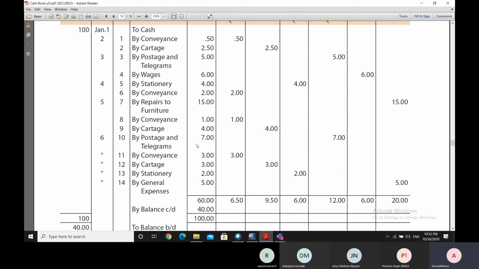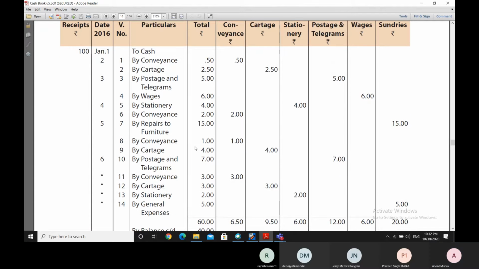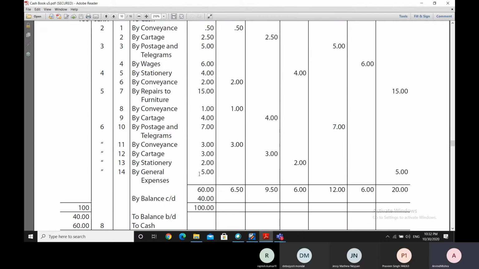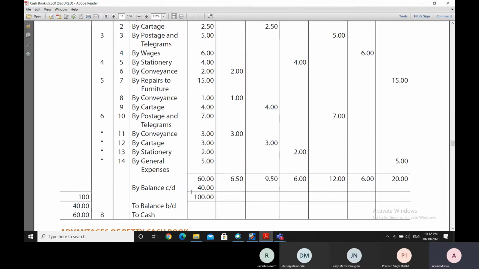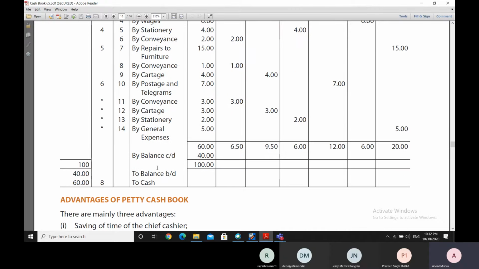And finally, the totals are taken of all the columns. And the balance out of 100 rupees is 40 rupees. And therefore, this petty cash book is balanced by this remaining amount of 40 rupees. And this 40 rupees is finally taken as balance brought down.